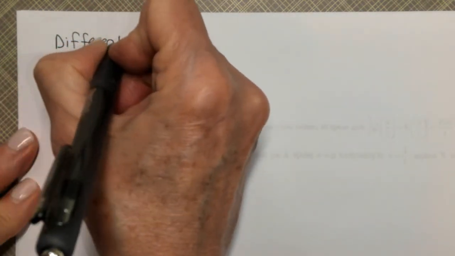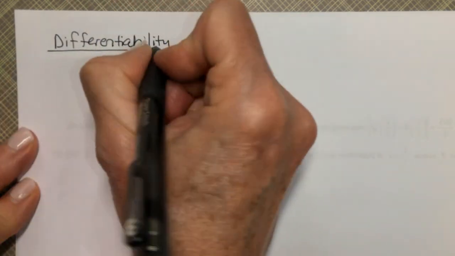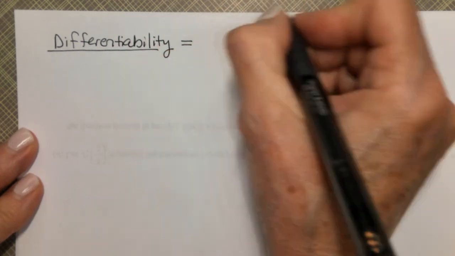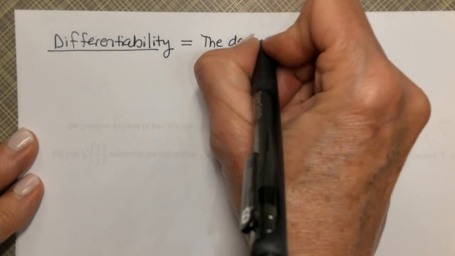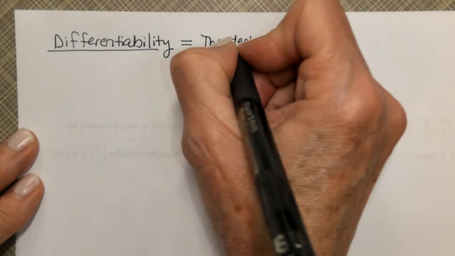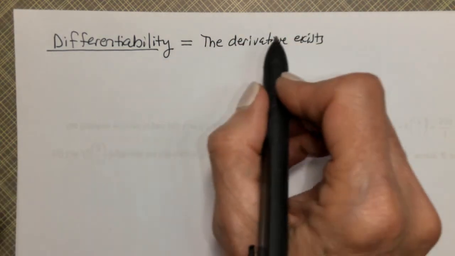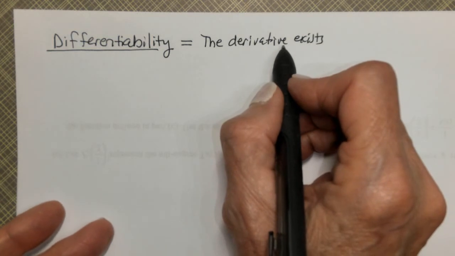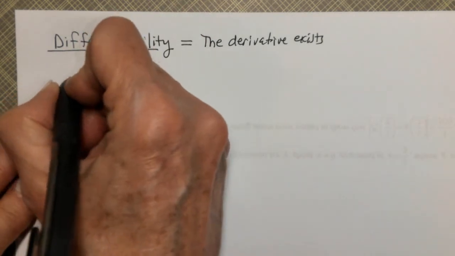Okay, now I'd like to talk about something called differentiability. It's a big word, and it just means the derivative exists. Okay, differentiability, we say that a function is differentiable if its derivative exists. So I might say it this way.